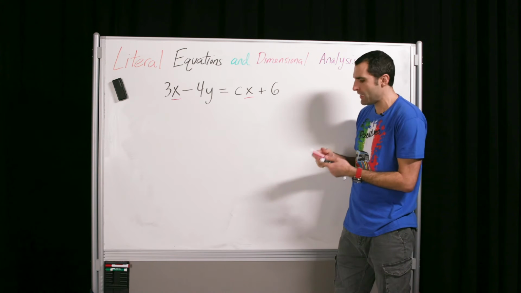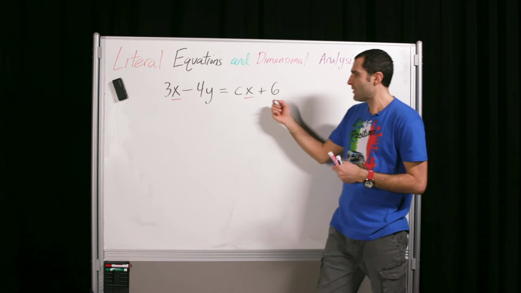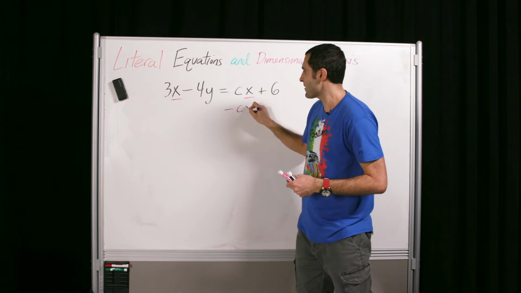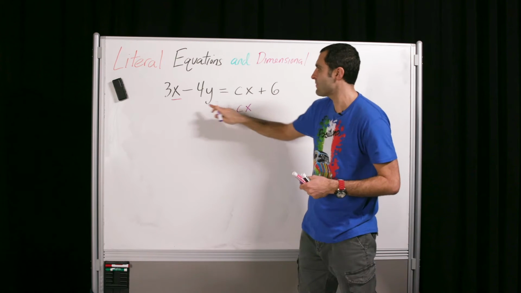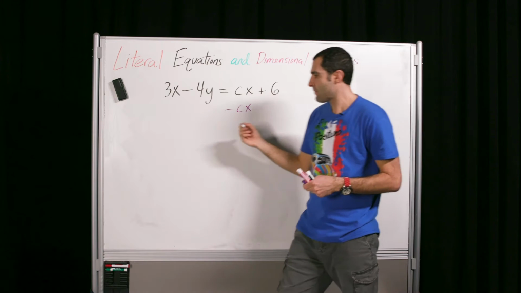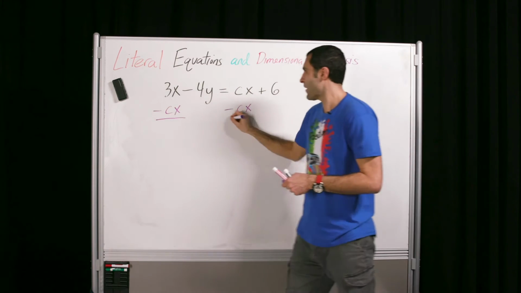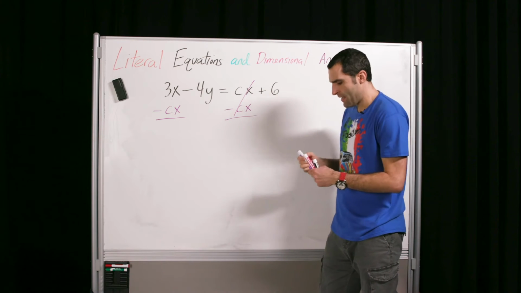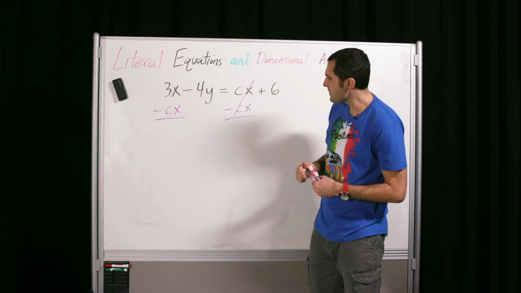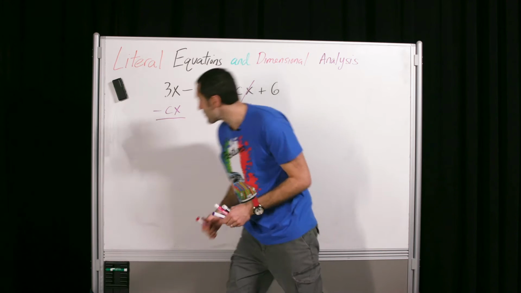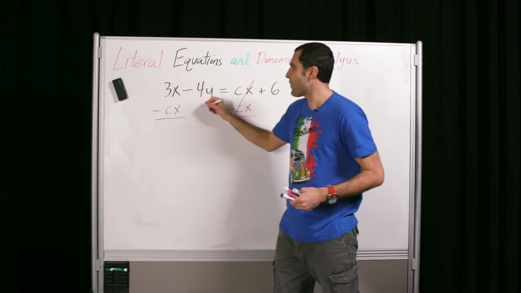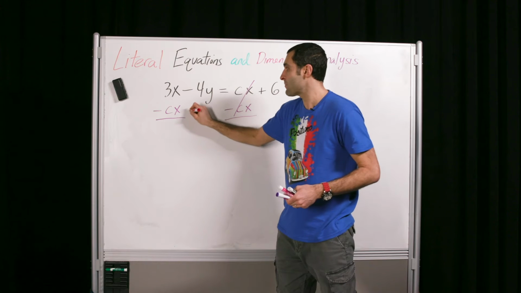So I'm feeling minus cx on both sides. Let me take this off for clarity. Minus cx on both sides. These can go. And in fact, let's do some red here. Let's move that 4y. Opposite of minus 4y is plus 4y.